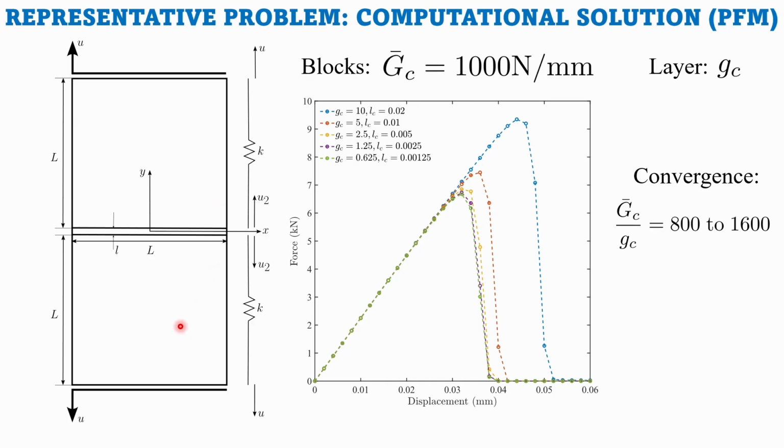How do you optimize the toughness of the vanilla layer, which is supposed to be in between, such that it does not break? This is the kind of problem that we are dealing with, and for that you have to take into consideration this convergence criteria.